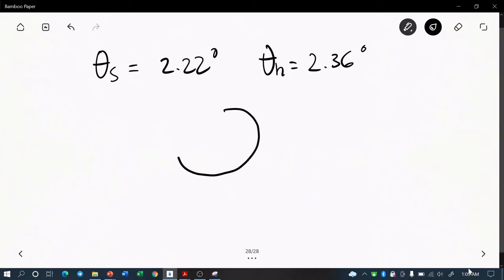Okay, so this is the cross section of a shaft subjected to torsional stress, and this angle is the torsional deflection.